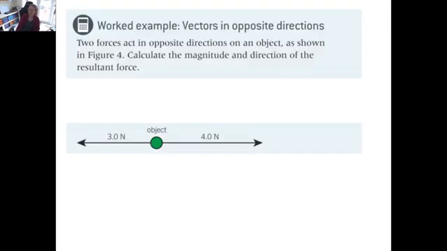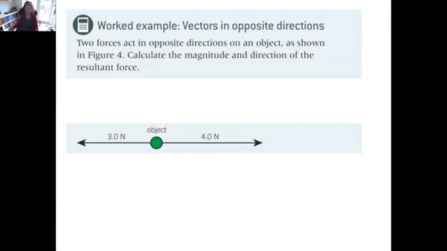So let's have a look at this example. Here we've got the same two forces acting on the object, but this time the 4 newtons is acting in this direction and the 3 newtons is acting in the opposite direction. So it's really important that we designate a positive and negative direction to those forces.